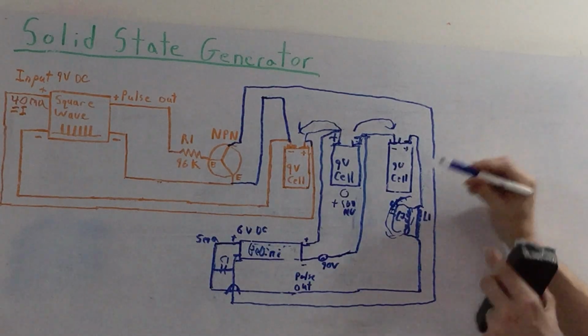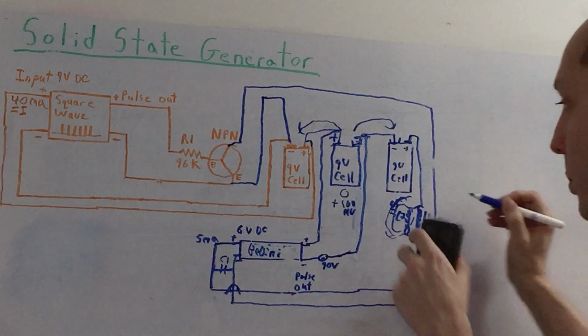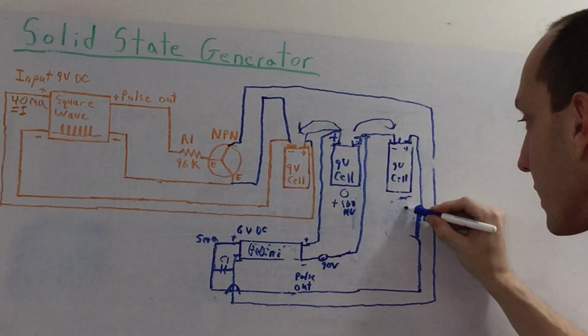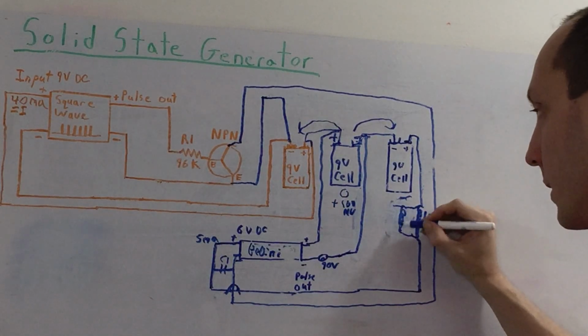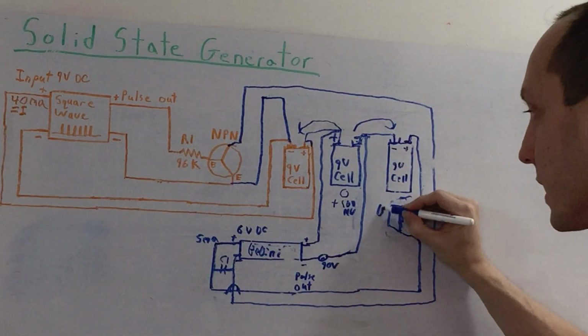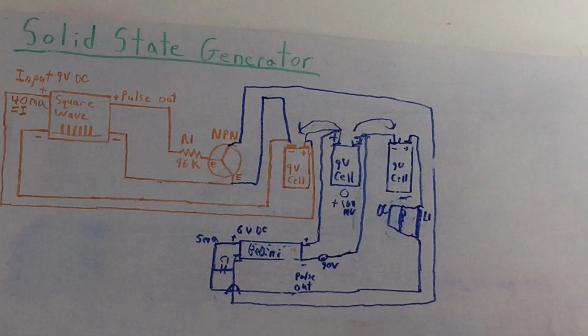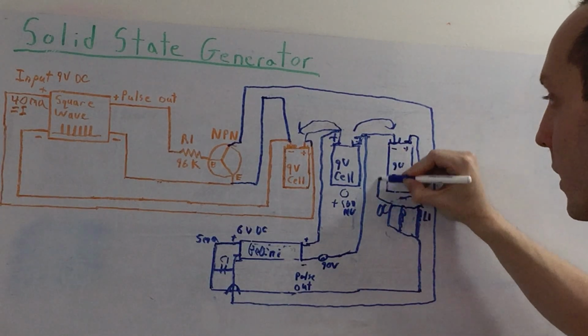So you're really taking every system here and recycling it, and then the output of this can be rectified with the help of the diodes back to DC, which can then charge the first battery. I'm running out of space here.